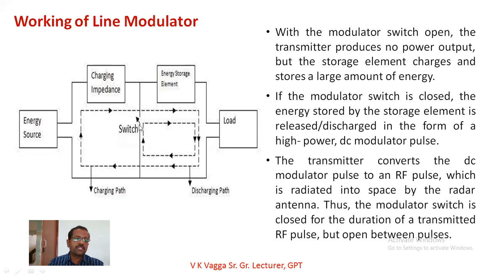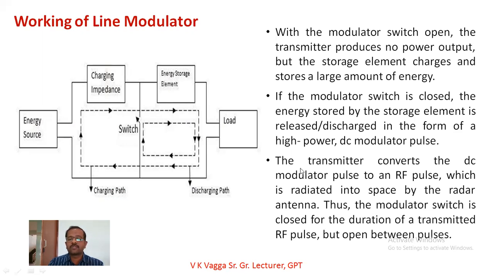So if this switch is closed, whatever energy is stored in the storage element is discharged to the load, and it forms the loop in this way here. You can see the flow of the current is in this way. This is the discharging path.